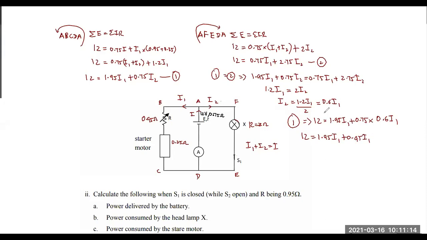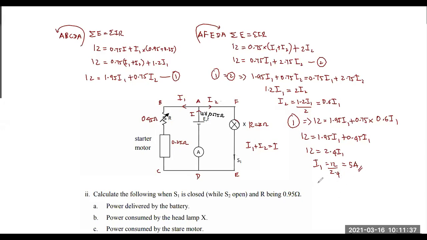Hope you can understand that. When you add 1.95 and 0.45, it is 2.4 I1. And what is I1? It's a beautiful value. I1 is equal to 12 over 2.4. The answer is 5. Even though it looked a bit weird, you are getting a nice answer for I1.